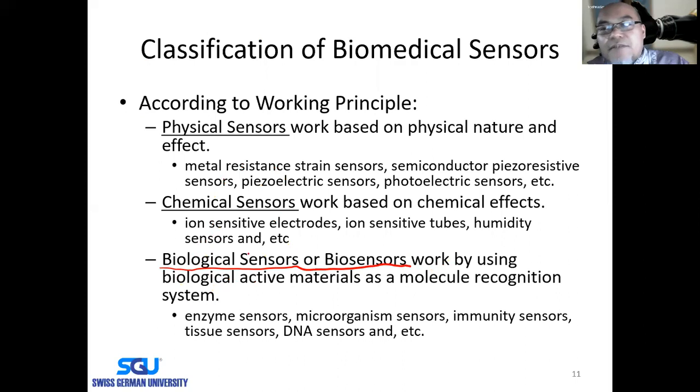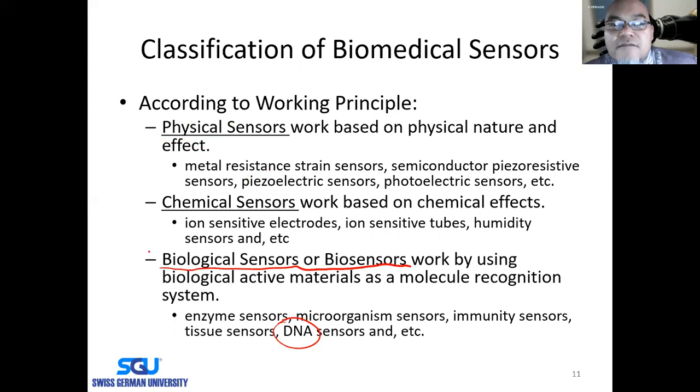As I mentioned in the first hour, enzyme sensor that uses enzyme, microorganism sensor using bacteria, for example. Immunity sensor, this uses antibody. Tissue sensors use, for example, a tissue from an animal as sensing material. DNA sensor, this uses a DNA probe, genetic material as the biomolecule to sense any biomedical measurement.